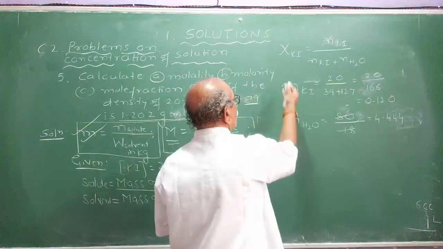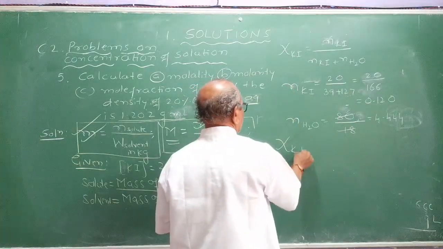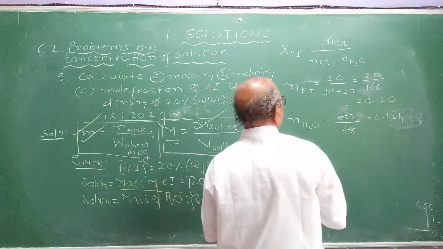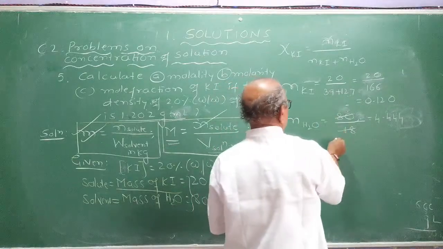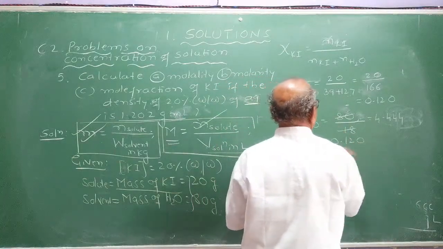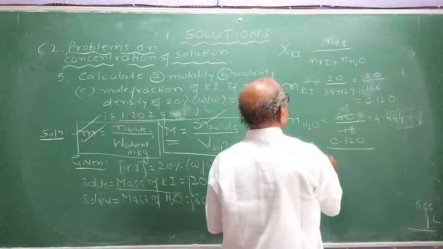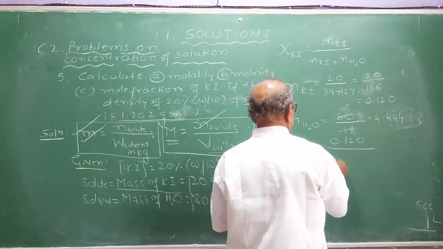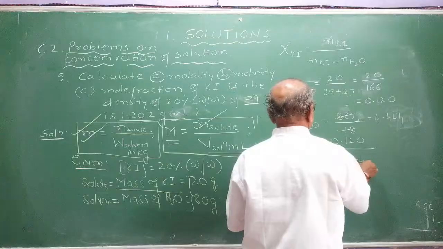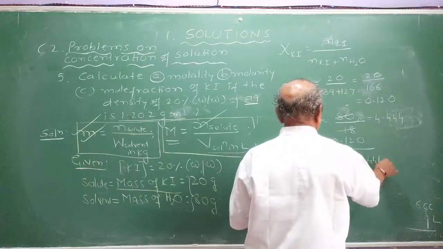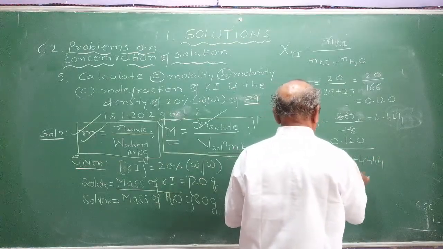Now you can calculate the mole fraction of potassium iodide easily. Take the number of moles of potassium iodide, 0.120, divided by the number of moles of potassium iodide 0.120 plus 4.444. You can get the close answer.